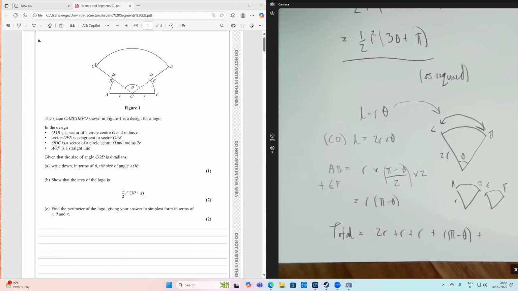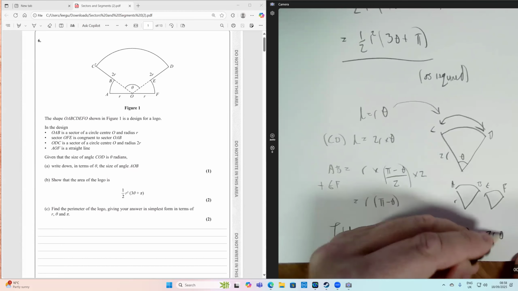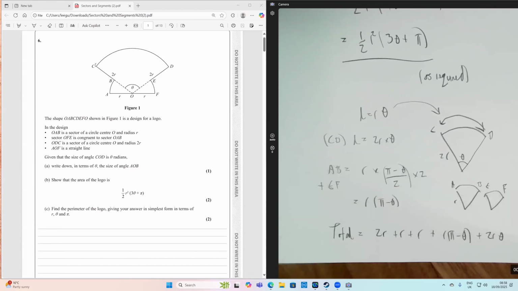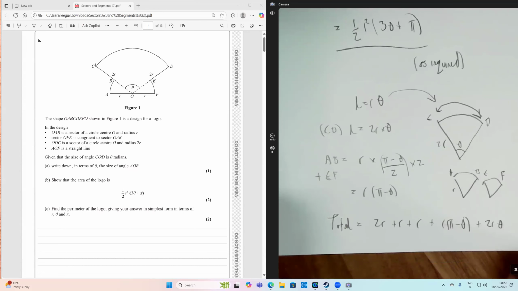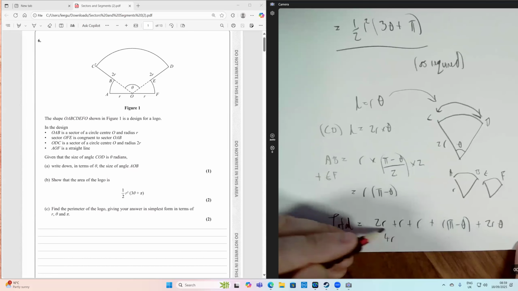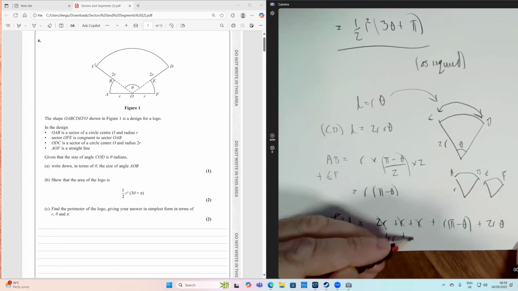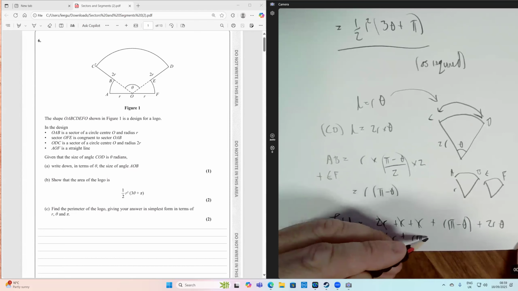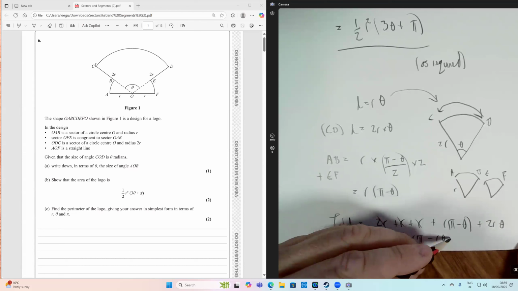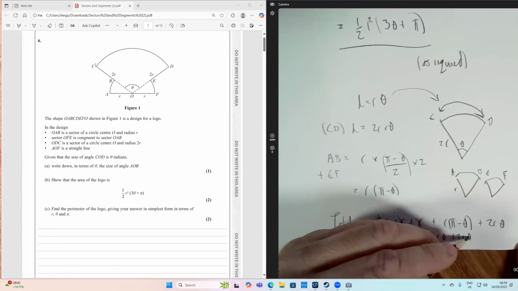And we've also got another arc length, which was our 2r theta as well, from the length of CD. So we just need to collect like terms, see what we get here. So this is giving us 4r, because that one and that one and that one is 4r, plus r times pi, minus r theta, plus 2r theta.